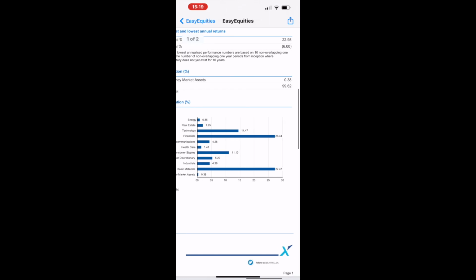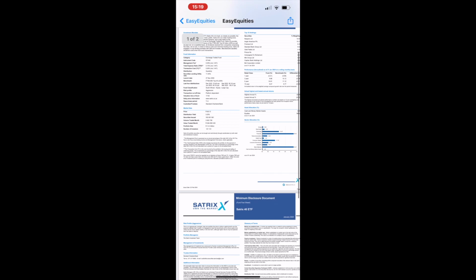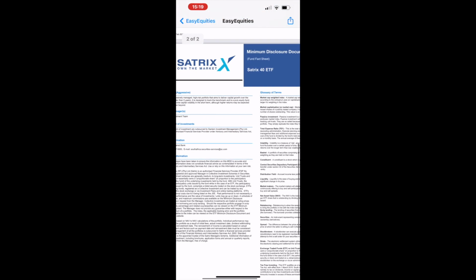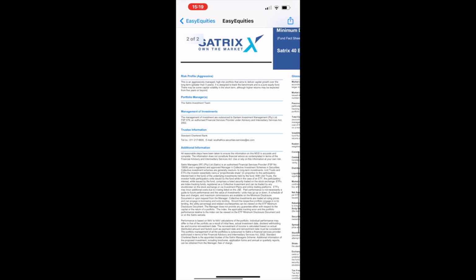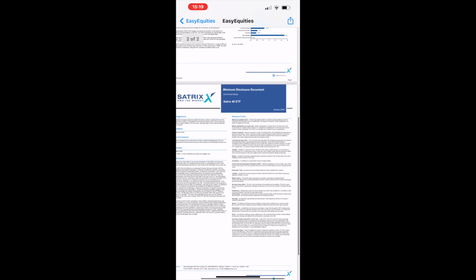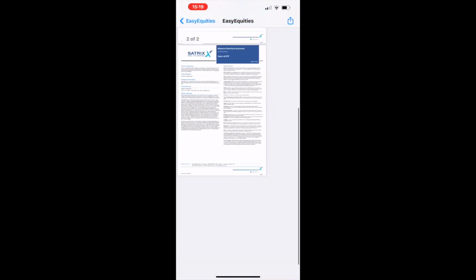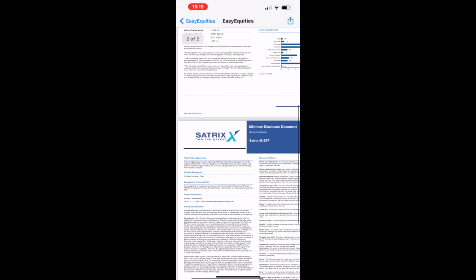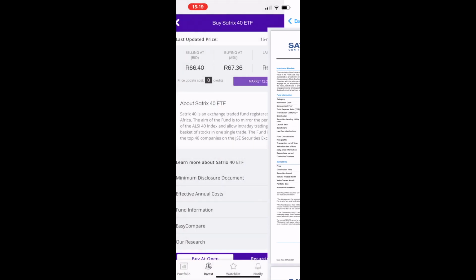What industries is the ETF focusing on, and what percentage of that industry? As well as the rules and regulations around the ETF. It's a really nicely compiled document with everything that you need to know about a certain ETF before you invest. That's what they call the minimum disclosure document.